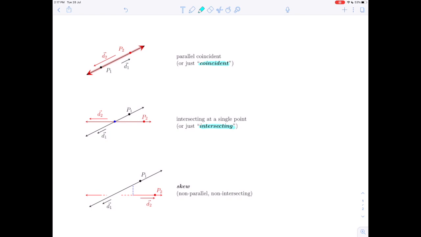They can miss the axes entirely. And so that fourth possibility here is when lines are skew. And that is what we will call them. They are skew. And skew lines are defined to be non-parallel, non-intersecting lines.